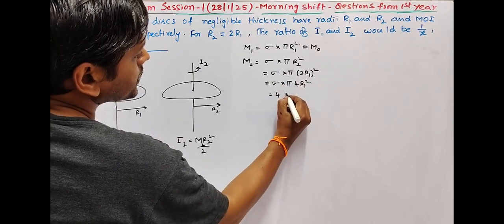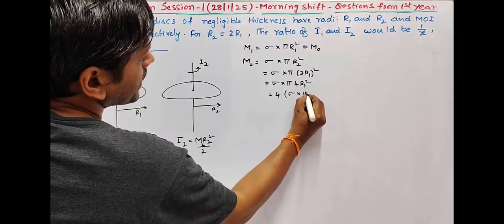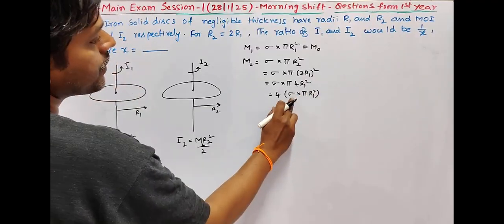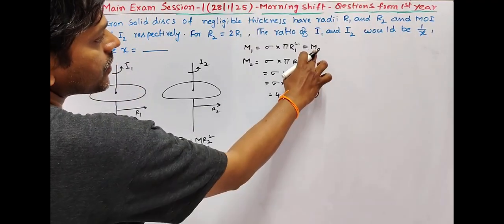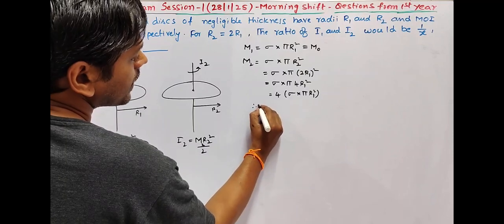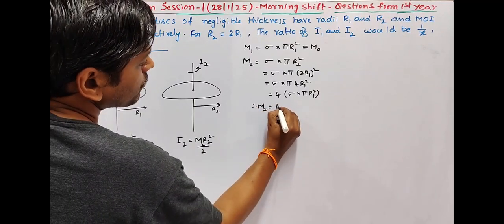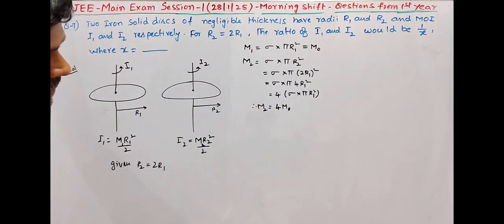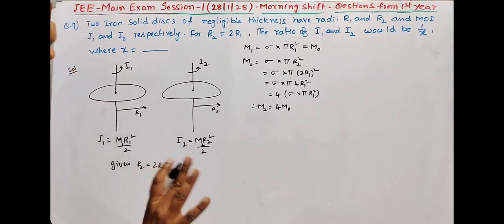It may be written as 4 into sigma into pi R1 square. But sigma into pi R1 square is M0. Therefore, M2 is equal to 4 into M0.